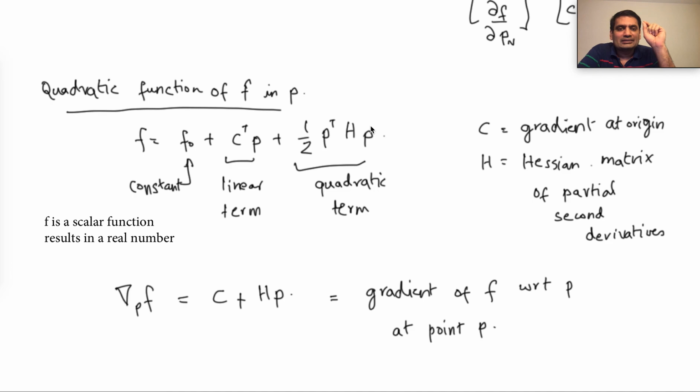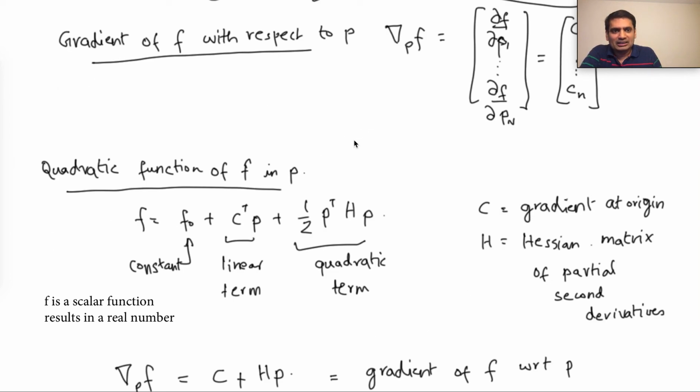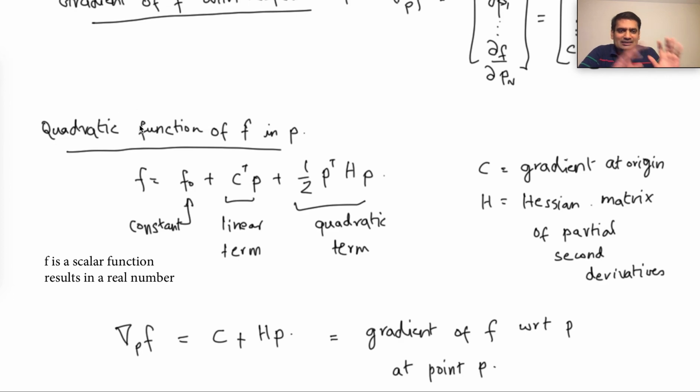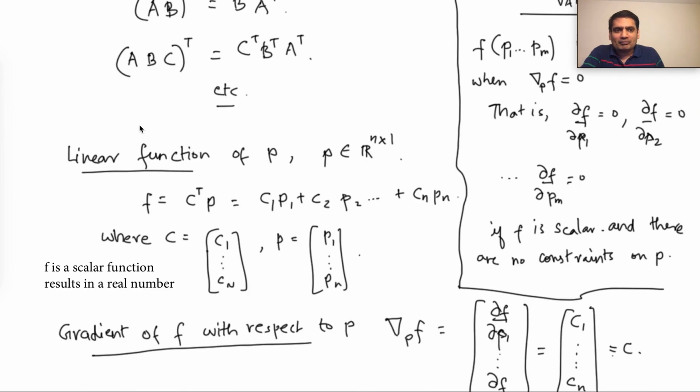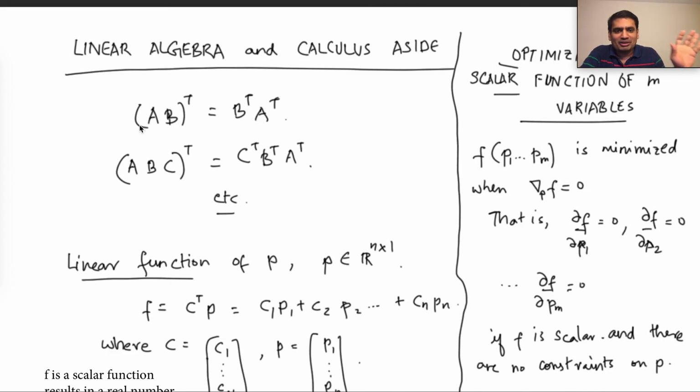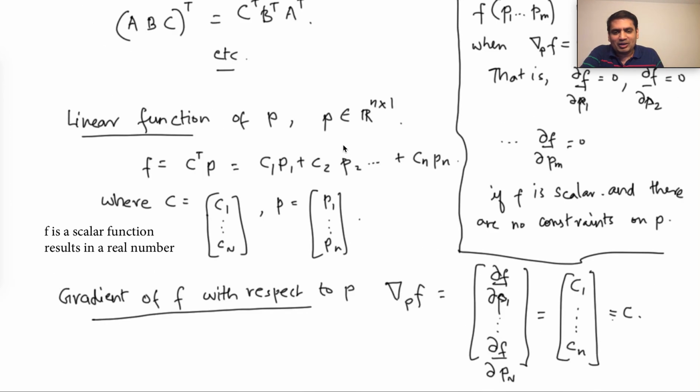H12 is going to be d squared f by dP1 dP2, right? So the second partial derivatives of f with respect to p1, p2, p3, p4, etc. until pn, all possible combinations. You make a matrix of that, and that's basically going to be H. Okay, so those are the linear algebra and calculus preliminaries for the proof on the next page.